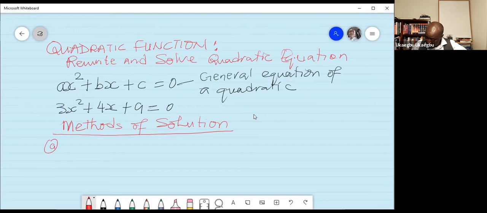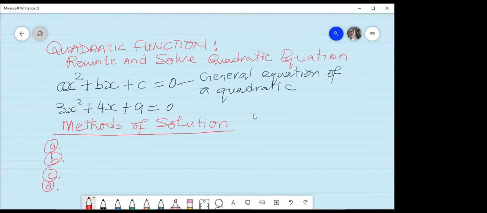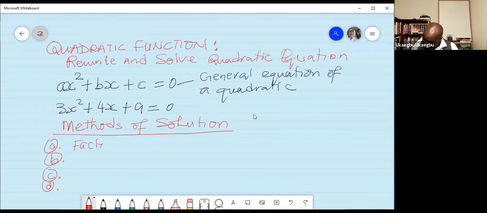So I'm going to give a list A, B, C, and D. All right, go. Any method you can remember, go. There's no particular order. The one that comes to your mind, let's write it down. Factoring, that's definitely one of it. You call it factoring, or you can call it factorization.